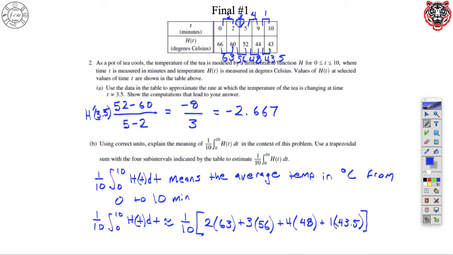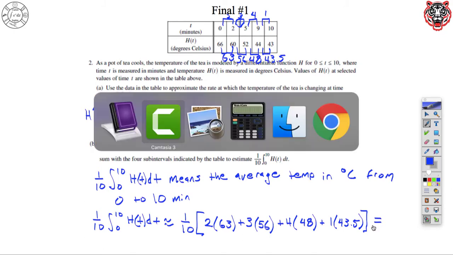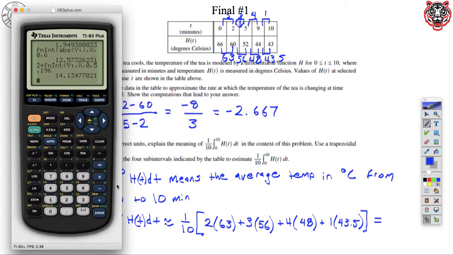All right, so this is where we just punch it into our calculator and we get our approximate. I have 1 divided by 10, times all this stuff in parentheses, 2 times 63 plus, and you don't have to worry about order of operations in here because multiplication comes before addition, so no more parentheses aside from the very end. 3 times 56 plus 4 times 48 plus, and it's just 43.5.